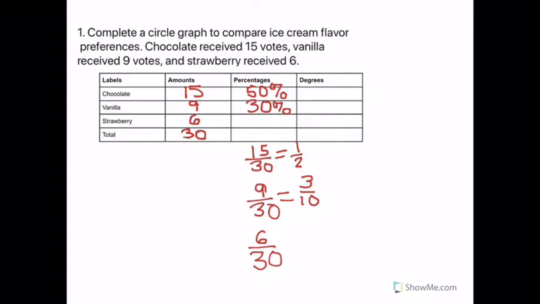And then finally 6 over 30, that also reduces. Divide both of those by 3.